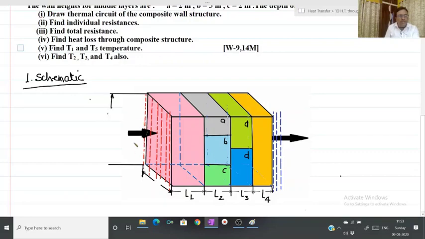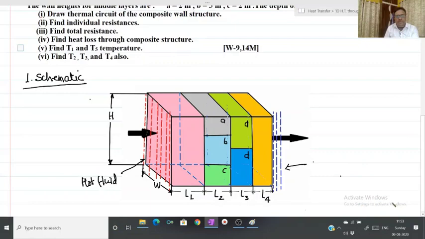Let's say height of this slab is capital H. Width or depth of this slab is W. The fluid shown in the red color represents hot fluid, and it is represented by hot fluid film.